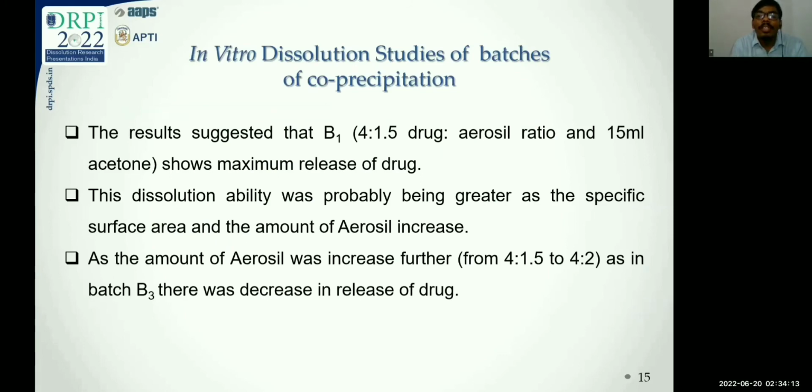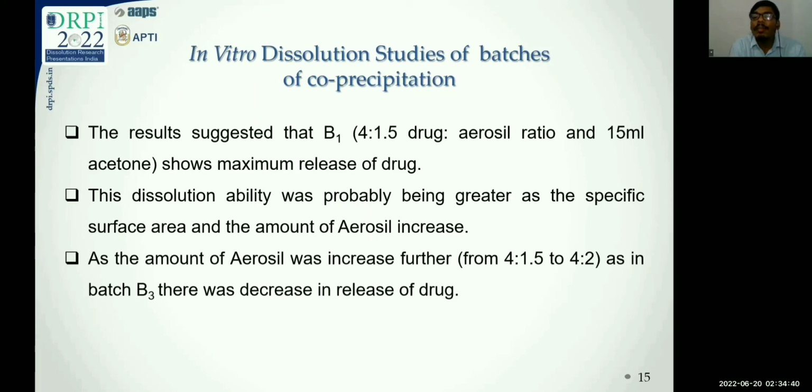The in vitro dissolution studies of the batches suggest that batch B1, prepared using 4:1.5 drug and aerosol and 15 ml of acetone, has the maximum release of drug. This is because of more hydroxyl groups present on the microparticle surface of aerosol, which absorbs water.